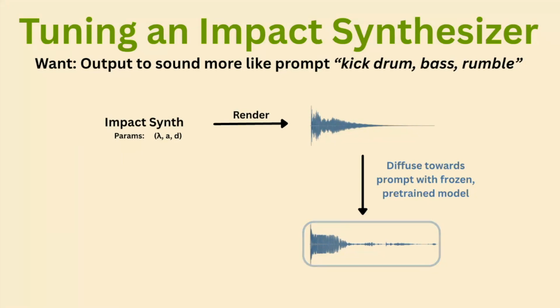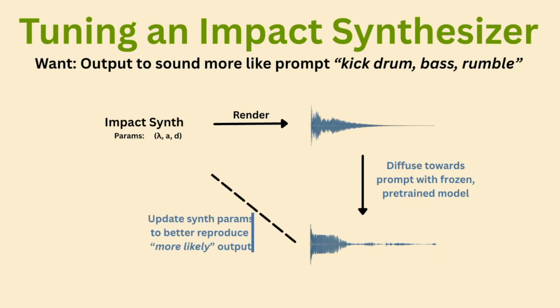That's essentially the output that is deemed more likely by Stable Audio, if you will, in a sense. And then taking these two things, taking the difference, like I showed on the last slide, you're going to propagate that back into the parameters of the synthesizer itself, and those are then updated to better reproduce this more likely output.